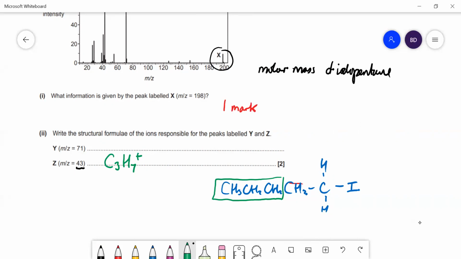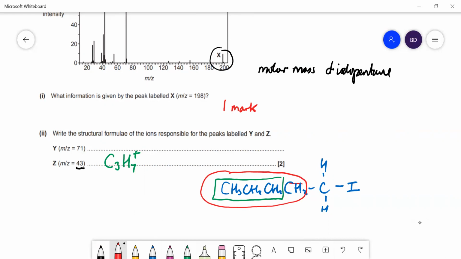Now, the one at 71. Let's see what happens there. Right, 71. It's not going to be that, as that fragment is just 14 bigger. That would be too small.